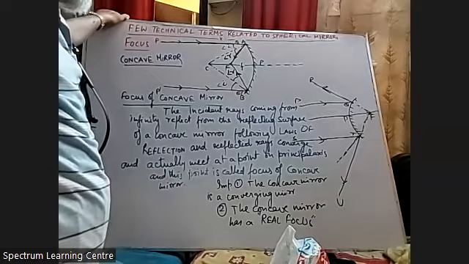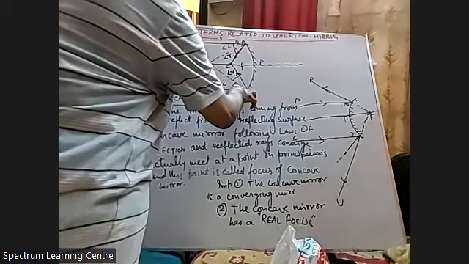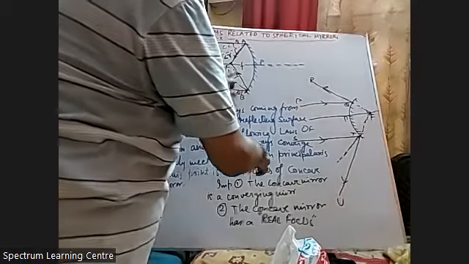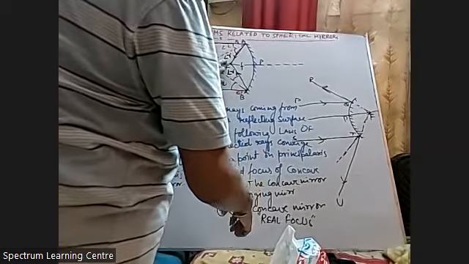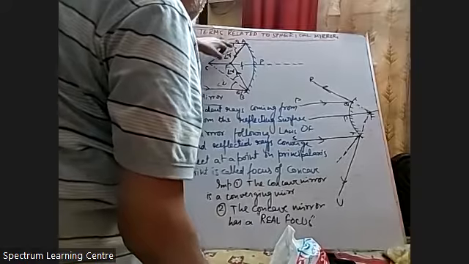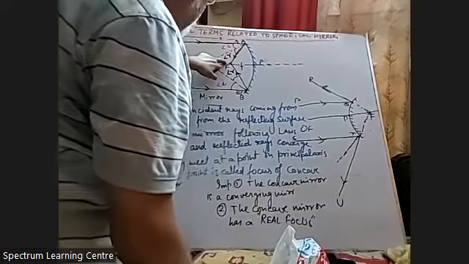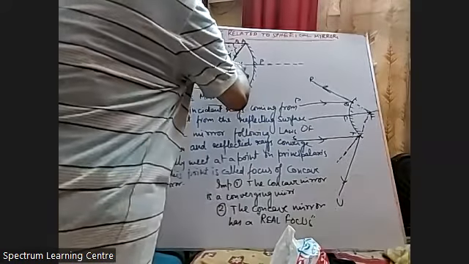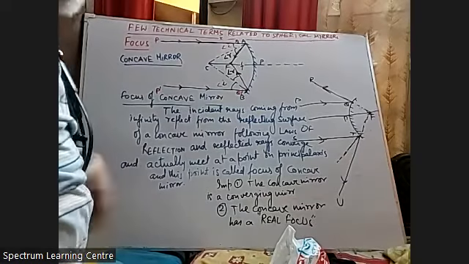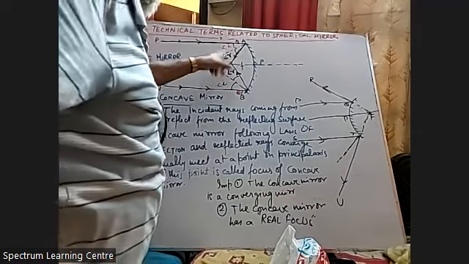Now P dash Q dash is the incident ray which gets reflected as Q dash F, and PQ is the incident ray which gets reflected as QF, and they meet at a point called F. That point is called focus.